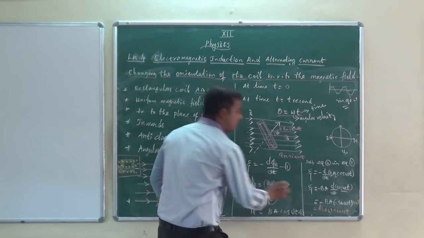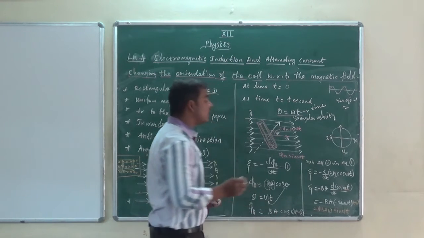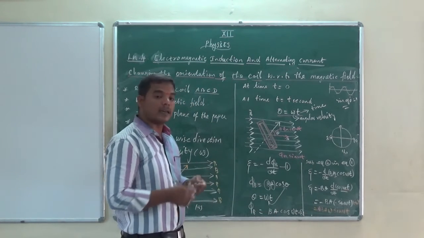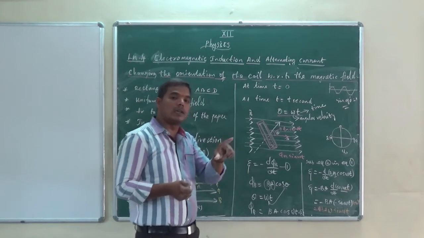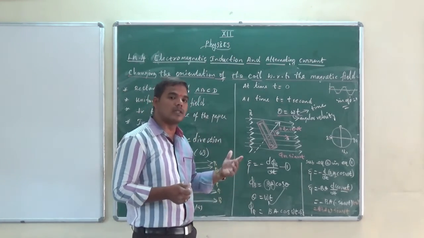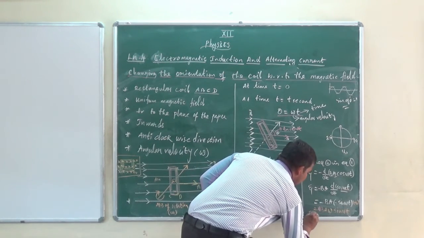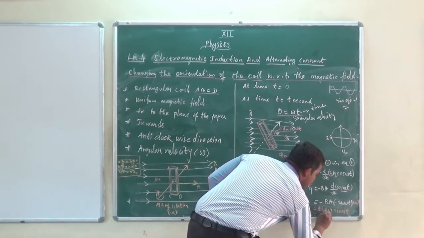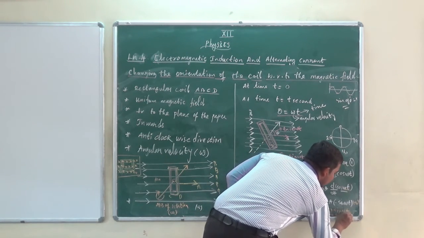Don't think that n came into the equation suddenly. Initially we assumed only one turn, but the coil has a number of turns, and due to the number of turns it produces more EMF. So the required equation is n B A omega sin omega t.